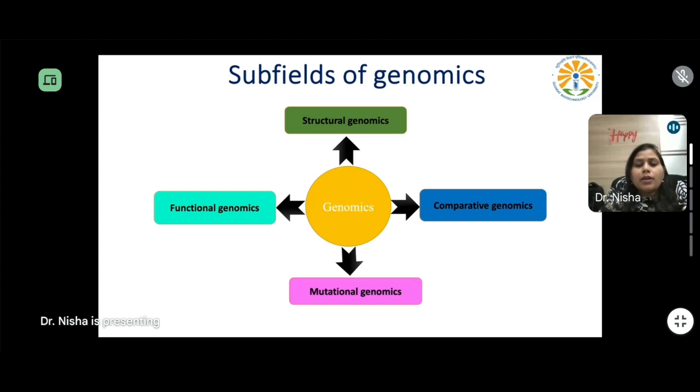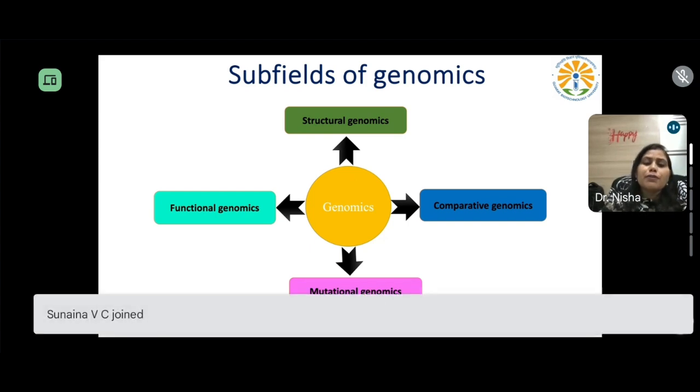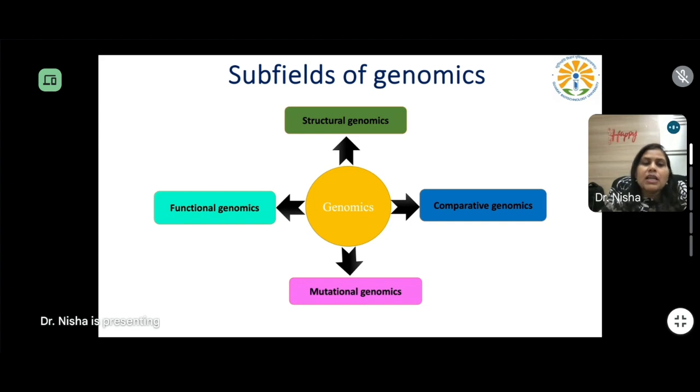The second one is mutational genomics, which generally gives you information about mutations, for instance single nucleotide polymorphisms and their variations, including indels and all those things. What mutations arise during the course of evolution? This kind of study belongs to mutational genomics.